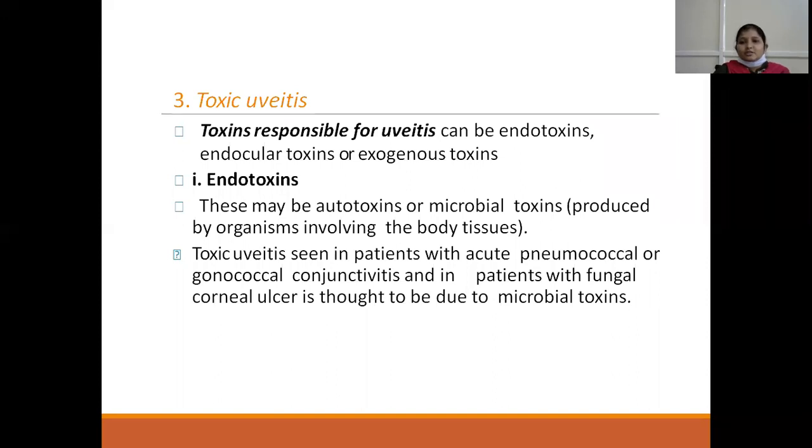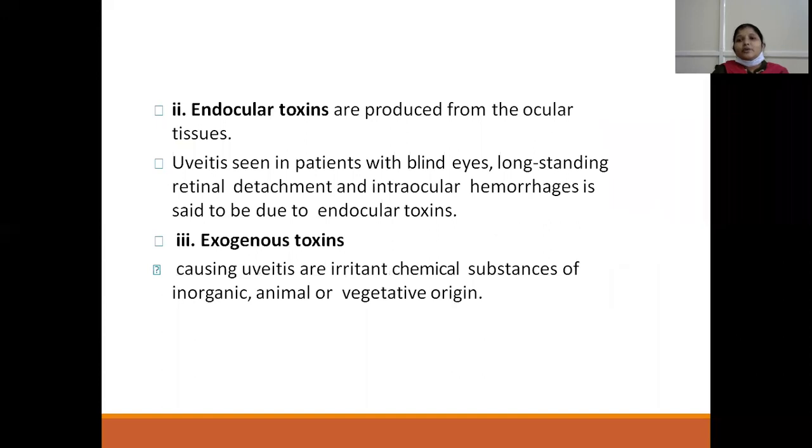This is seen in patients with acute pneumococcal or gonococcal conjunctivitis and in patients with fungal corneal ulcer. Coming to endocular toxins, here the toxins are nothing but the ocular tissues, like in patients with long-standing retinal detachment and intraocular hemorrhages. In all these cases, the ocular tissue itself acts as a toxin leading to uveitis.